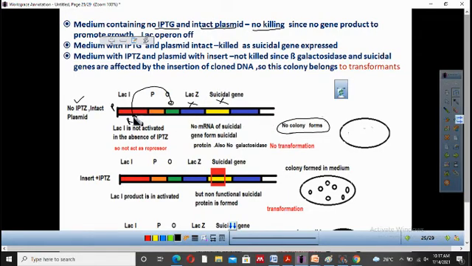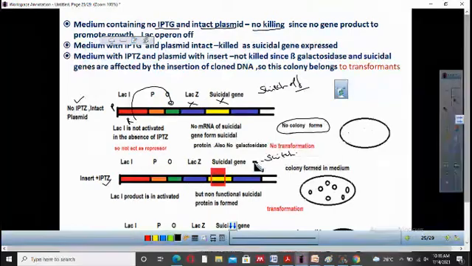This is the switch off condition. As usual, IPTG is not present, but when IPTG is present, then it will be switched on. So what will happen here? This lacZ will express, which will induce the growth, and the suicidal gene is inactive.